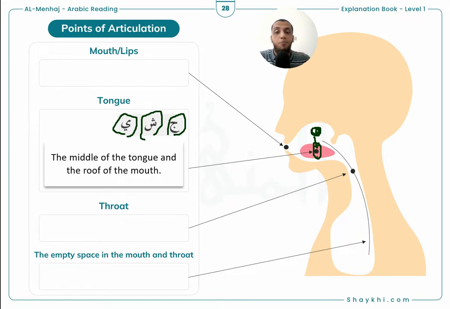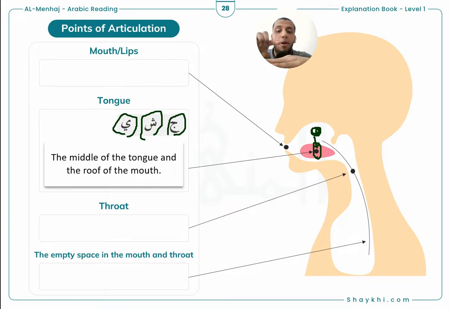So let's discover this. If the middle part of the tongue goes against the roof of the mouth and touches it, now the letter Jim is pronounced.